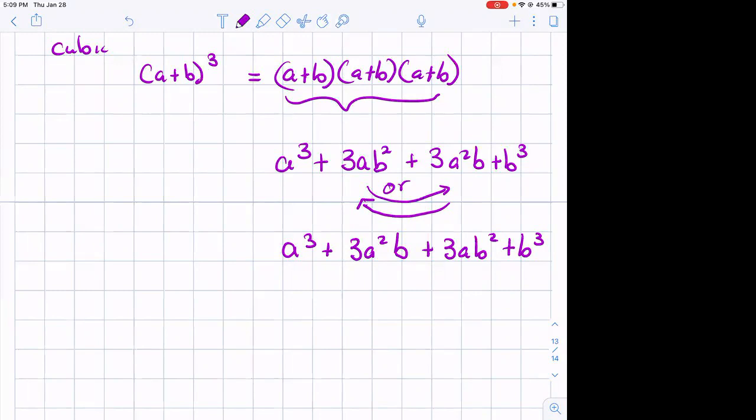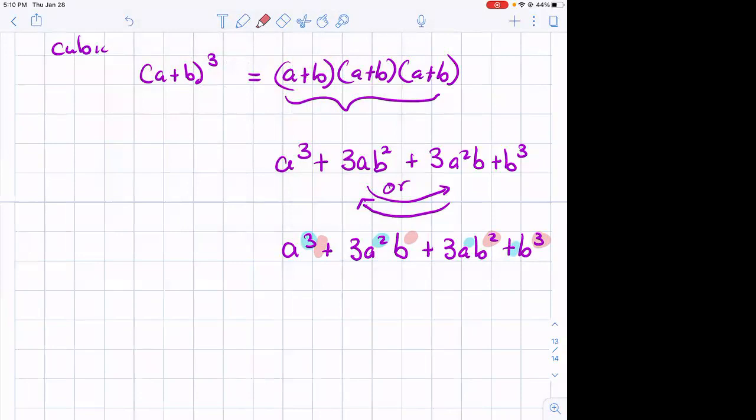What's unique, and I'm not going to get into the cubic formula right now, is that a is to the 3, the 2, the 1, the 0 power, so we don't need to write it. And b is to the 0, 1, 2, 3 power here. So that's very unique about this.